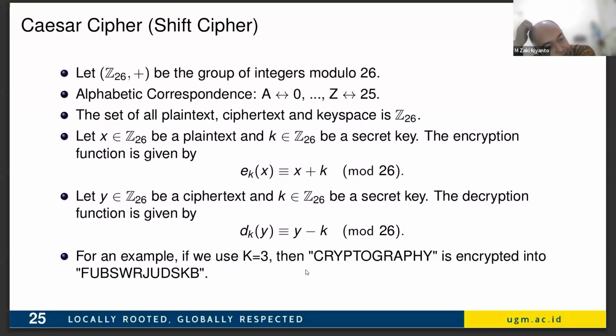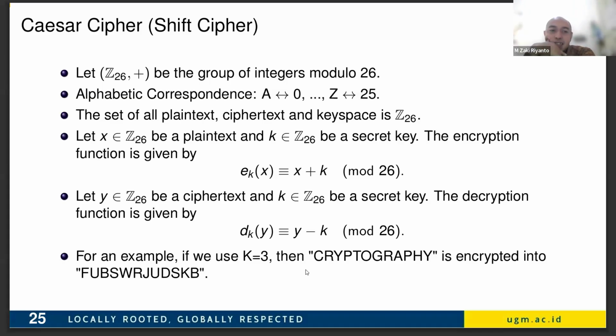Okay, this is the mathematical description of the Caesar cipher. In the Caesar cipher, we use Z26 because the letters in the alphabet are 26.